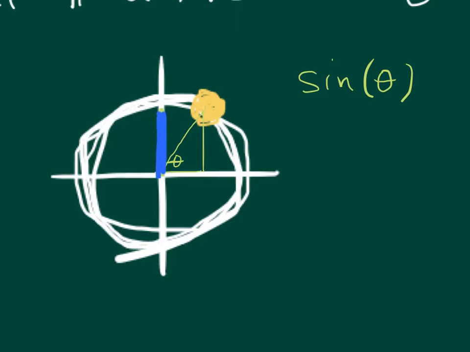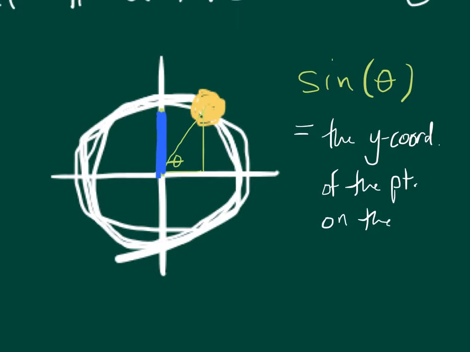In other words, the output of sine of theta is the y-coordinate of the point on the unit circle.